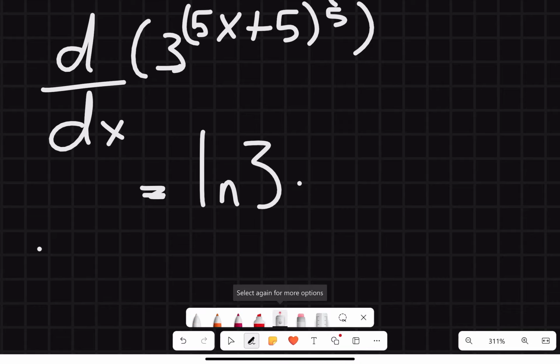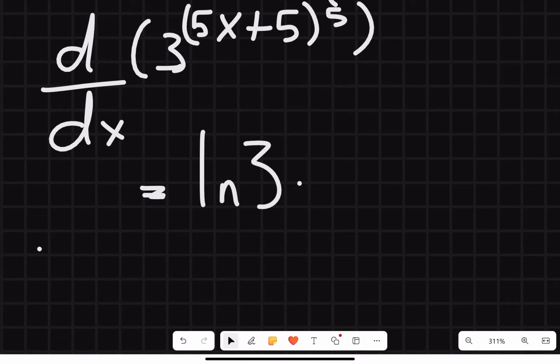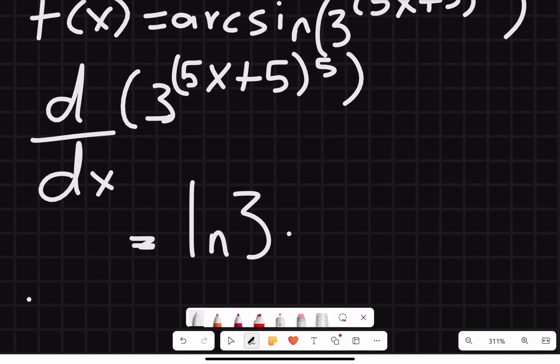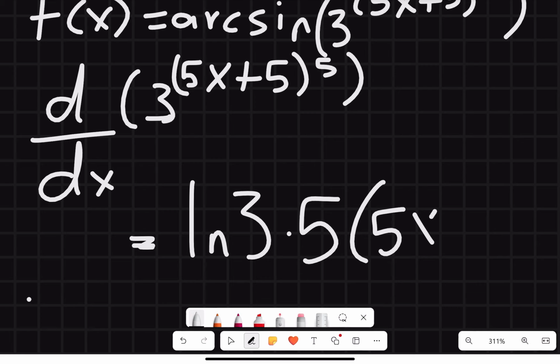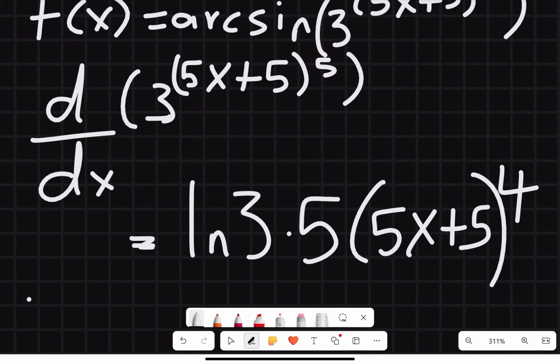By chain rule, I have to take this and multiply that. So there's a 1 here, and then I'm going to times by 5, so I get 5. So I'm going to have 5 in bracket (5x plus 5), and then I need to minus 1 from the exponent, so it's going to be to the power of 4.